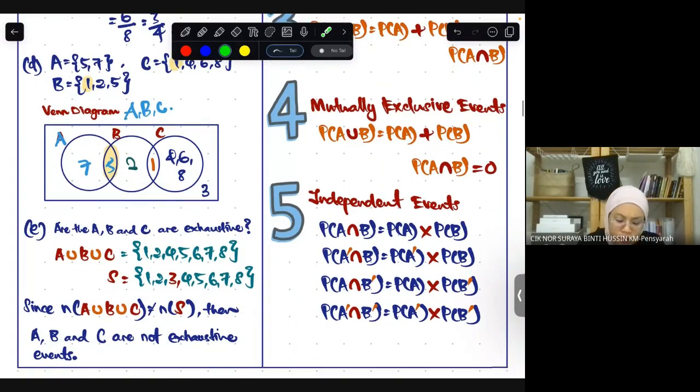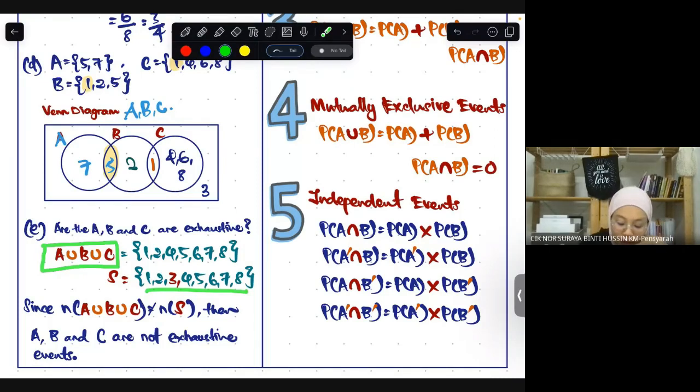And to answer the next question, are A, B and C exhaustive events? Exhaustive event is just looking at the sample space: is the total sample space the same as A union B union C? Do they have the same value?